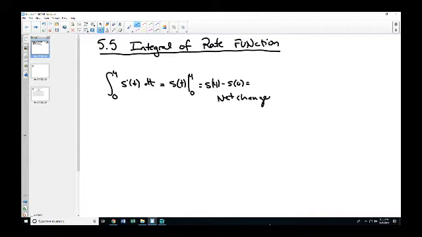But the key here is that you have a rate function or a derivative, and you are calculating the antiderivative. You're just undoing it. Okay, so I'll go through a few examples with you.